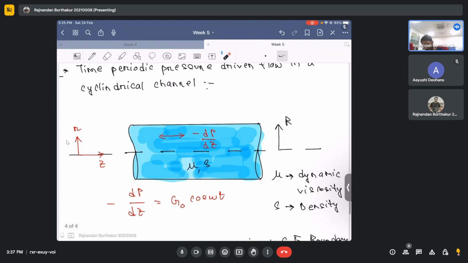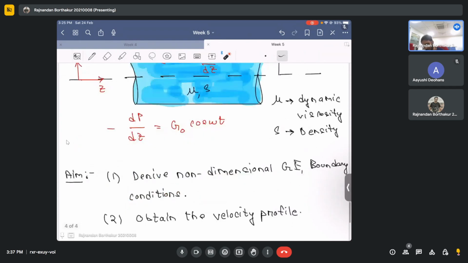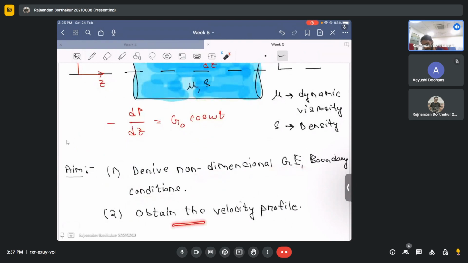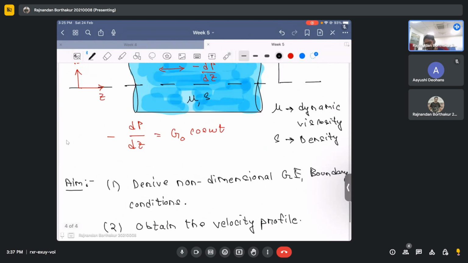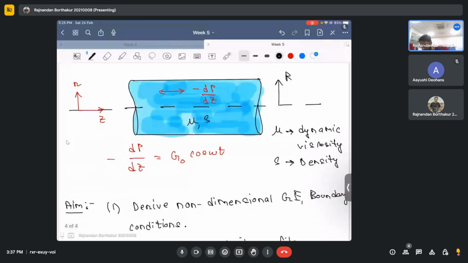So the objective is to derive the non-dimensional governing equations and boundary conditions and solve for the velocity profile. I hope this problem is clear. I'll just pause here for 1 or 2 minutes so that you can understand this, and then we will begin with the solution in a systematic way.